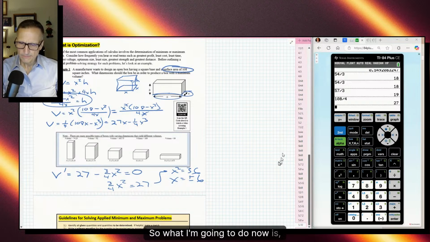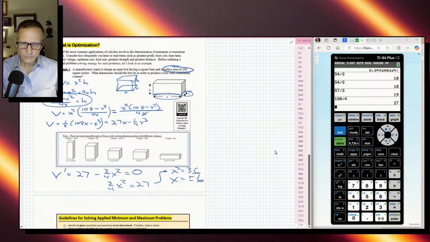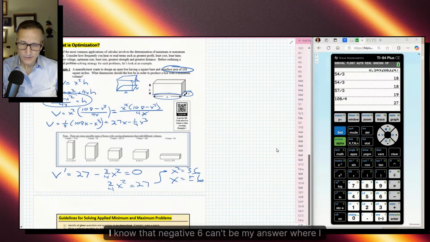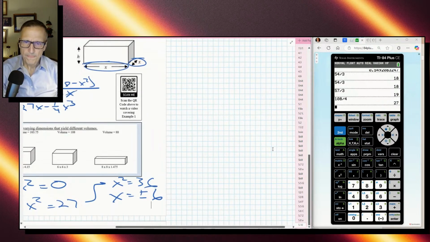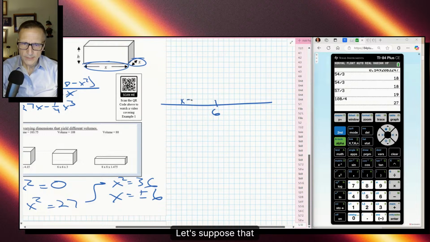So what I'm going to do now is a number line test, right? I know that negative 6 can't be my answer where I have a relative extreme. But what I'm going to do is this. Let's suppose 6 is our critical value. Let's suppose that x was 5 or that x was 7, and let's find the value of v prime.